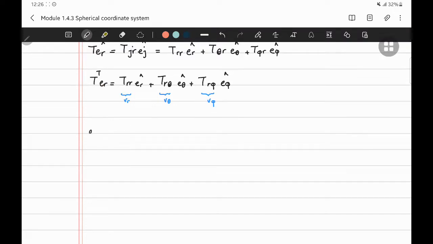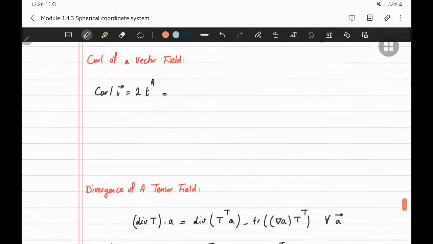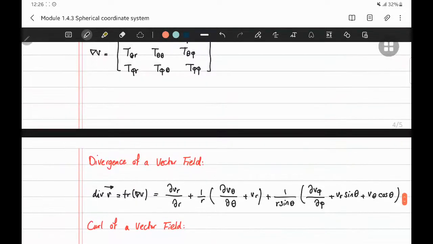So the divergence of T transpose ER is nothing but something we already calculated.